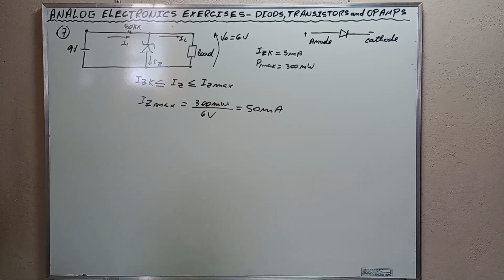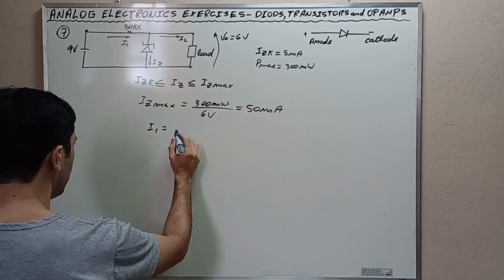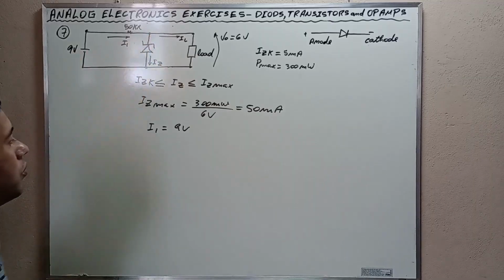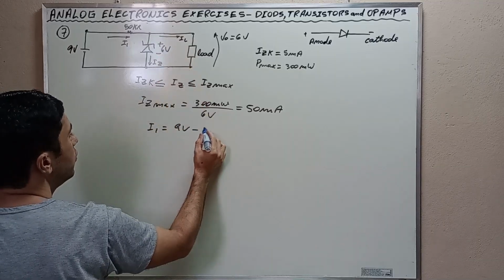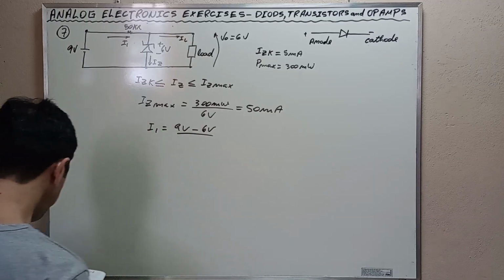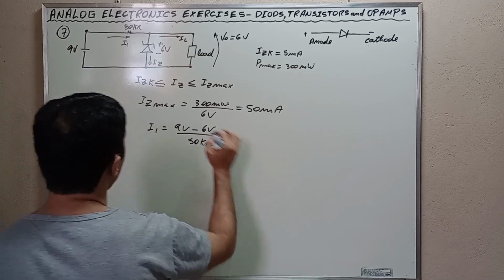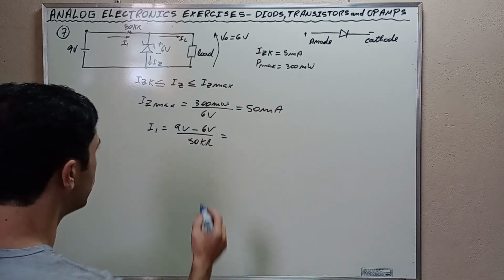I1 is equal to 9 volts minus 6 volts divided by 50 kilo ohms, because this resistor is 50 kilo ohms. 9 volts minus 6 volts divided by 50 kilo ohms is equal to 60 milliamps.